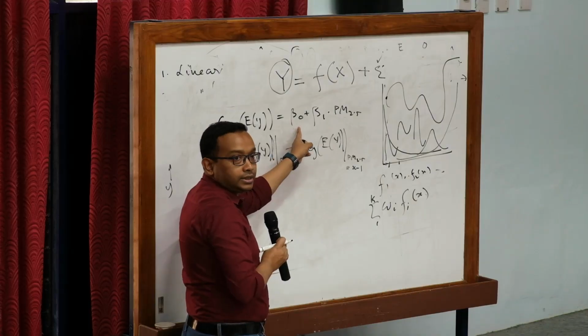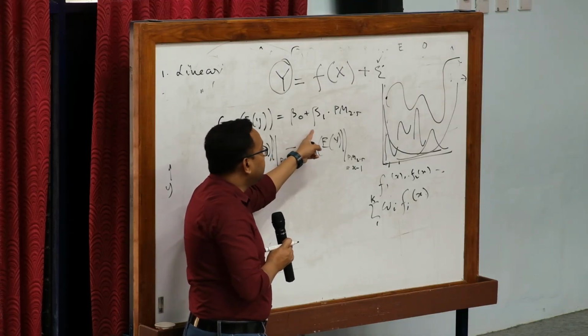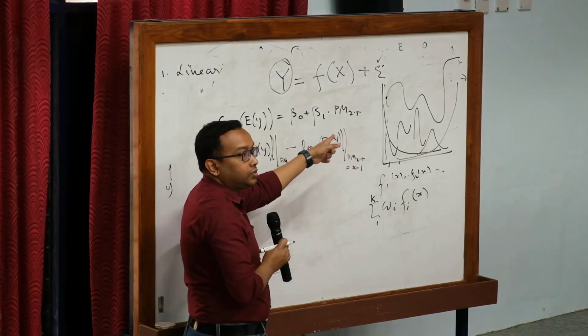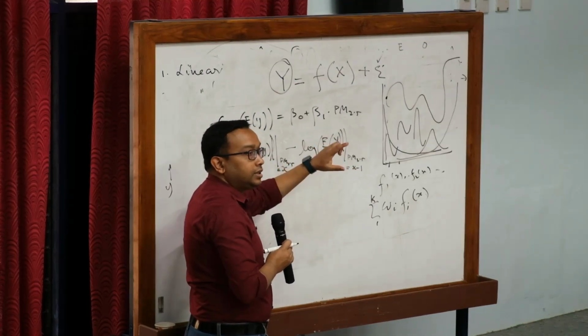The beta naught gets cancelled. Beta 1 times x and beta 1 times x minus 1. So what is left if I subtract? It's just beta 1, right?